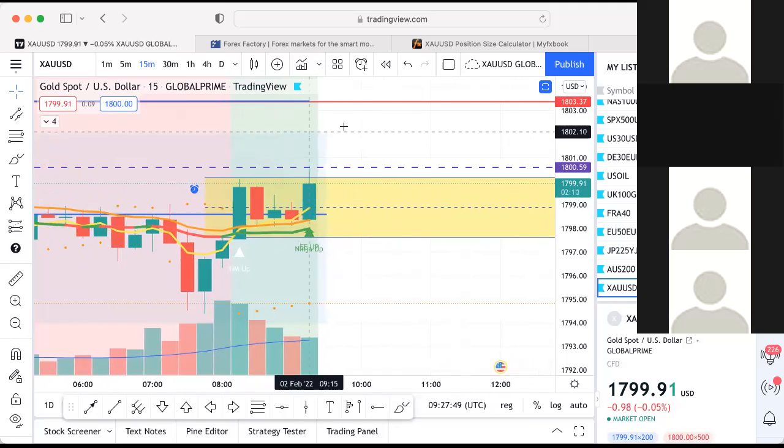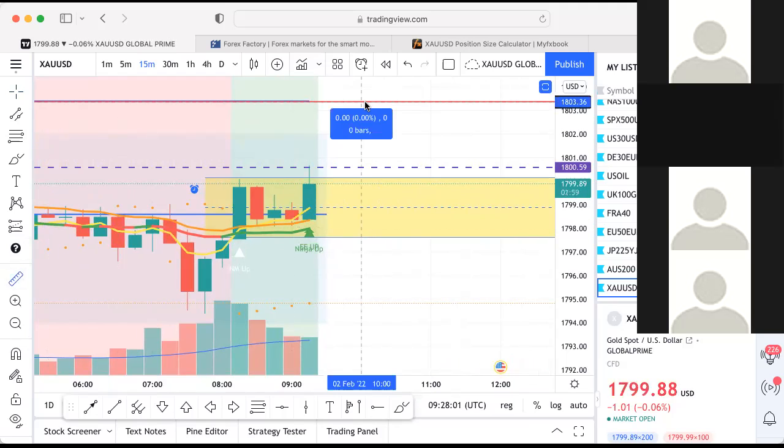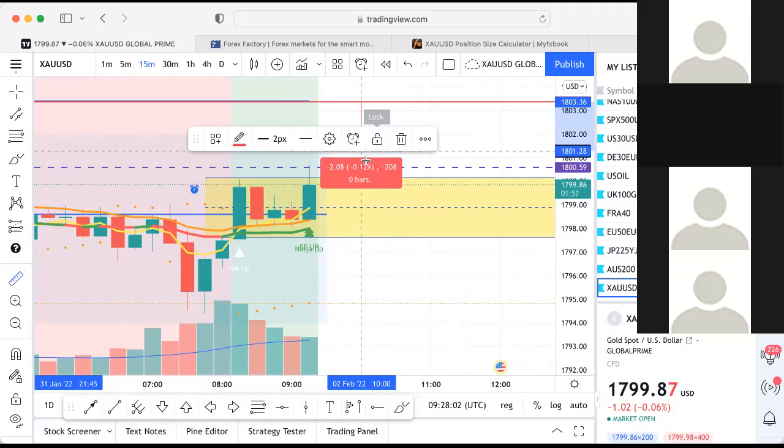So there we are. Gold's looking promising, but just be careful, don't get in too early. You've got something like 30 pips up to yesterday's point of control. 27, 28 pips.